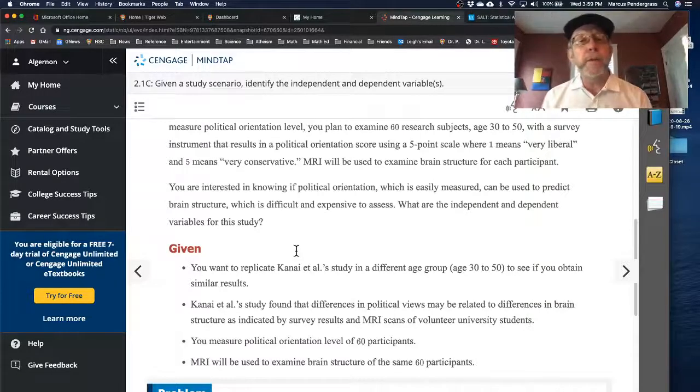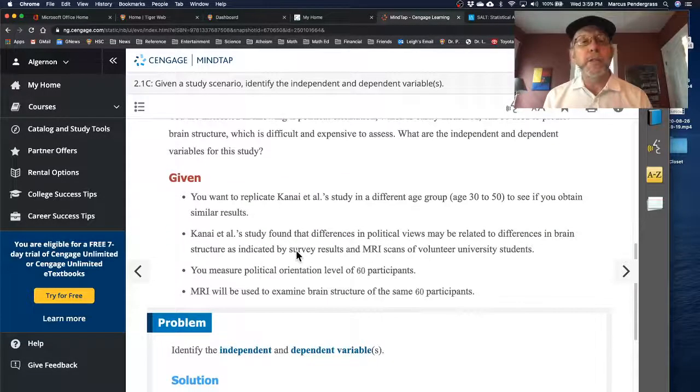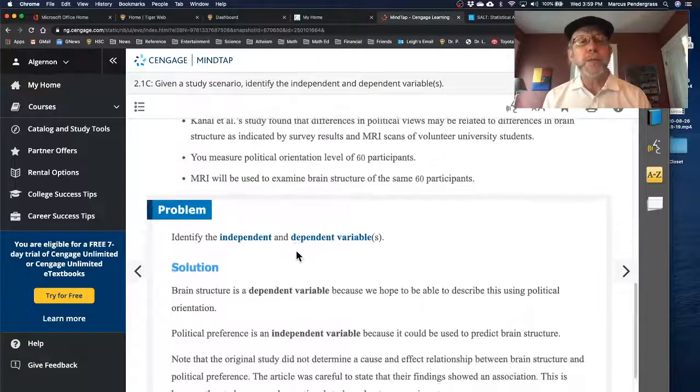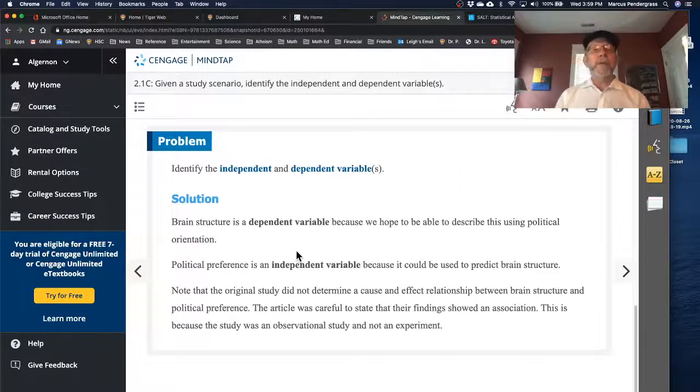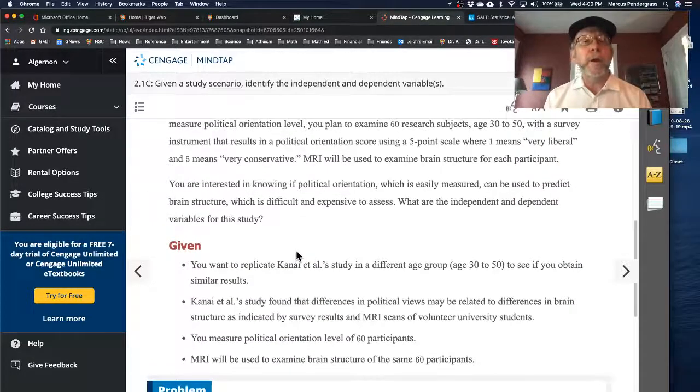So, what are the independent and dependent variables for this study? Let's think about that for a second. Let's go back to this paragraph. You want to know if you can use political orientation to predict brain structure.